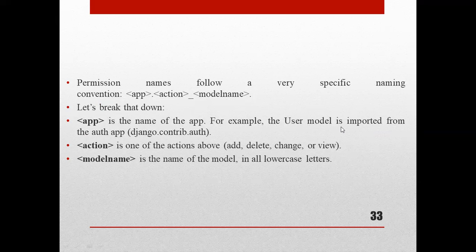For example, the user model is imported from the authentication app, like django.contrib.auth. Action is one of the actions: add, delete, change, or view. And model name is the name of the model in all lowercase letters.